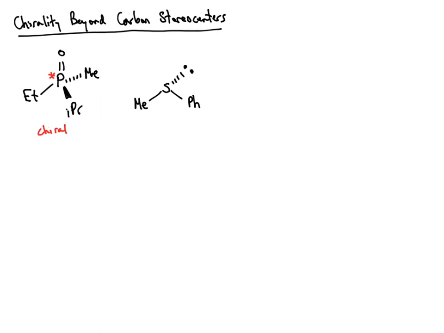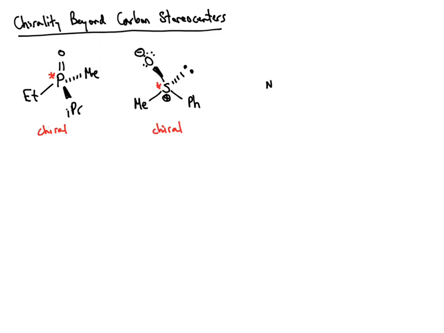So sulfoxide has a lone pair going back and an oxygen bearing a negative formal charge going forwards. The sulfur is overall positive. Okay, we say that the sulfur is a stereocenter and it possesses a non-superimposable mirror image, and so we say that that molecule is overall chiral.